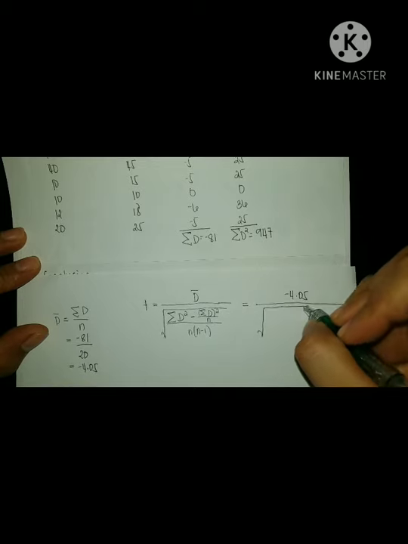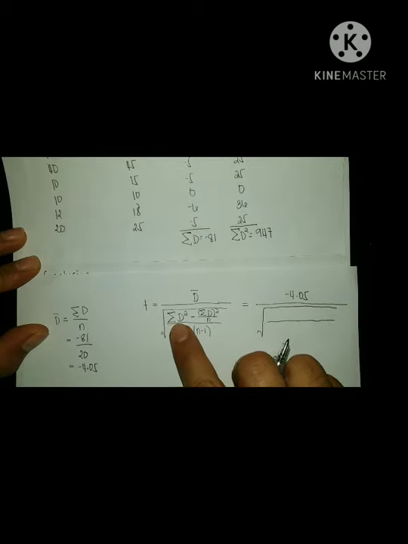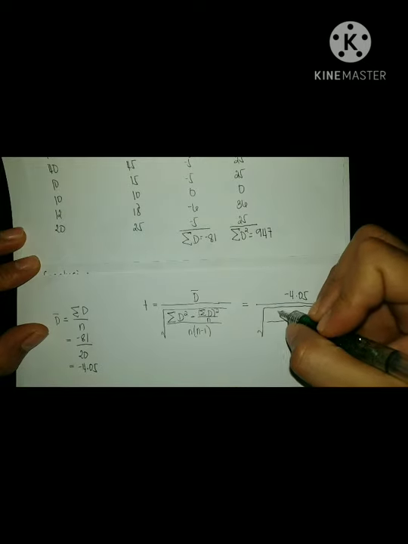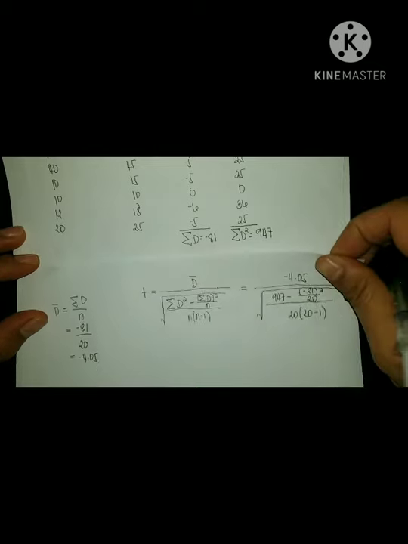Then we have the square root of the summation of d squared, which is 947, minus the summation of d, which is negative 81, squared, divided by n, which is 20. Then we have n, which is 20, times 20 minus 1. Then evaluate it further.